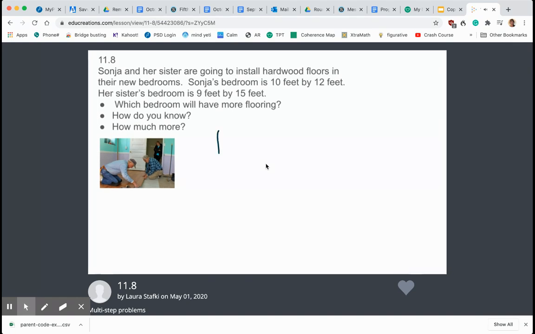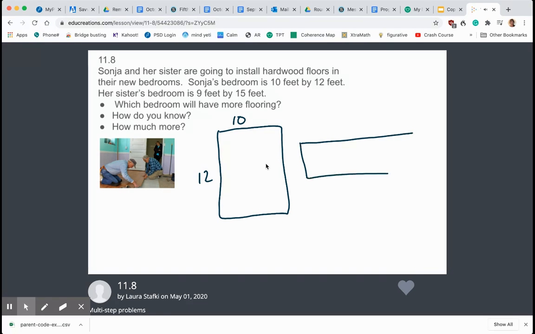So Sonia's bedroom is closer to a square. I'm going to redo this. Hang tight.